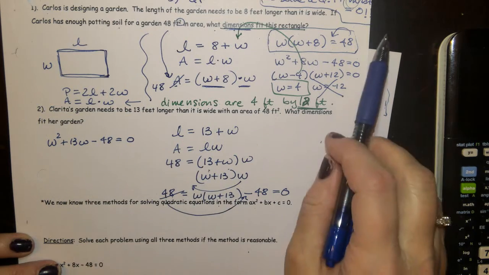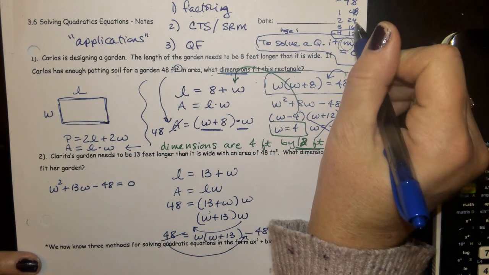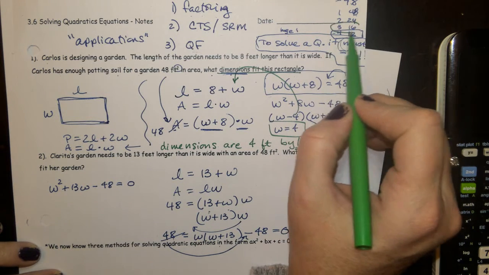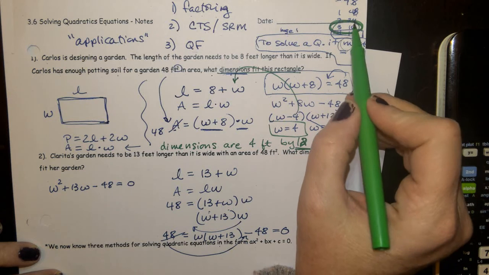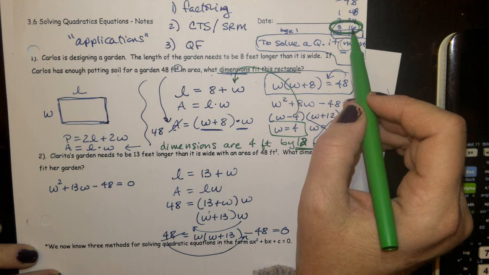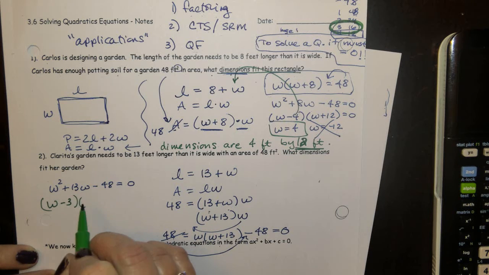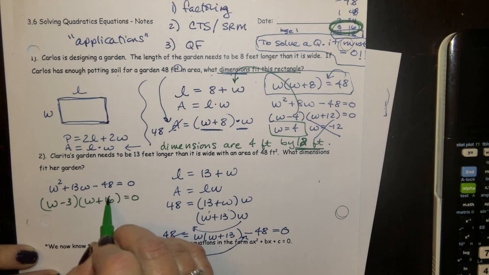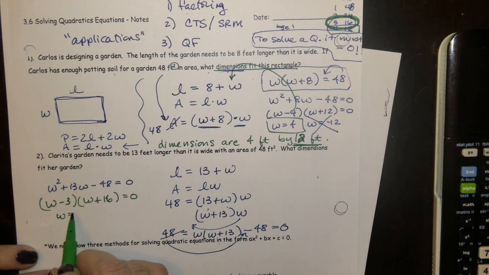As long as I already have these factors up here, I'll circle this in green: 3 and 16 are going to be my winners here. Also, one of them has to be negative. So let's make the 3 negative, because 16 minus 3 is positive 13, and the 16 positive. Set each one equal to 0.